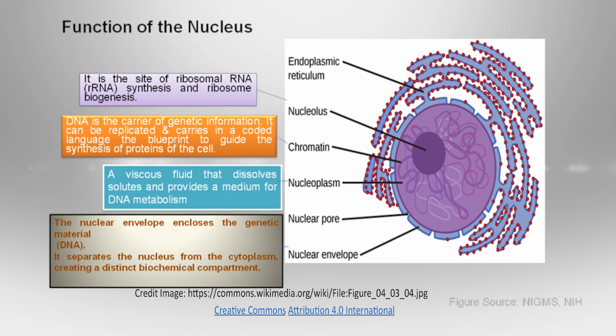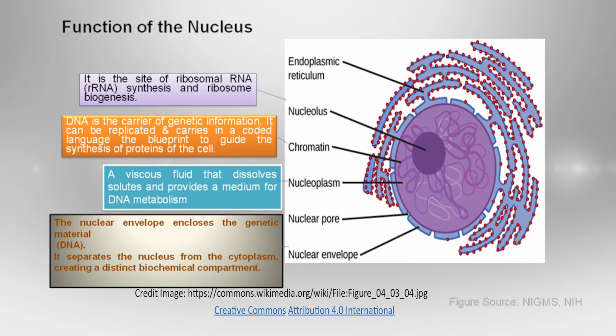It is a rounded structure of the nucleus. It is responsible for the synthesis of ribosomal RNA and ribosomal subunits, and DNA is the genetic material which is responsible for the storage of genetic information and carries it from one cell to another cell through cell division.